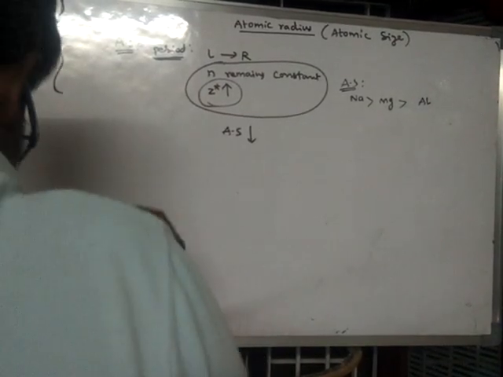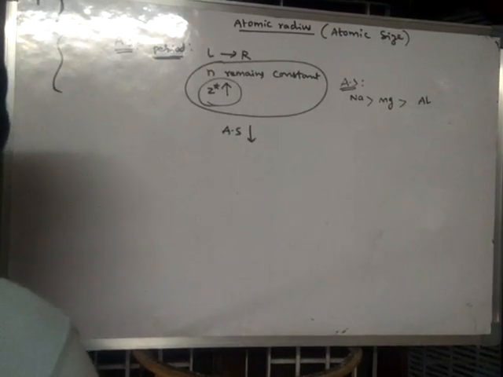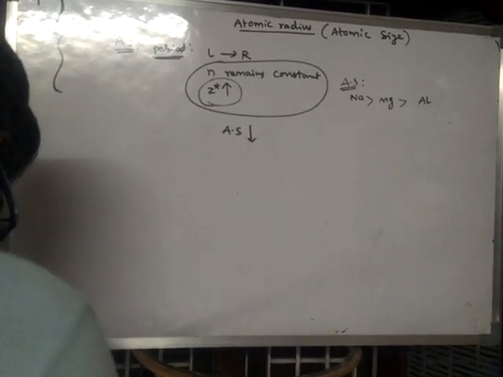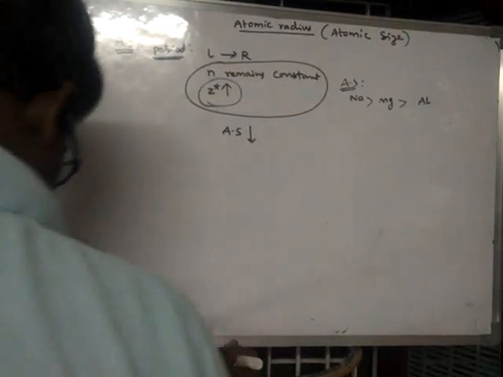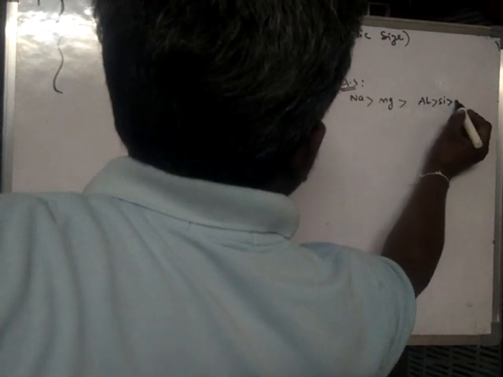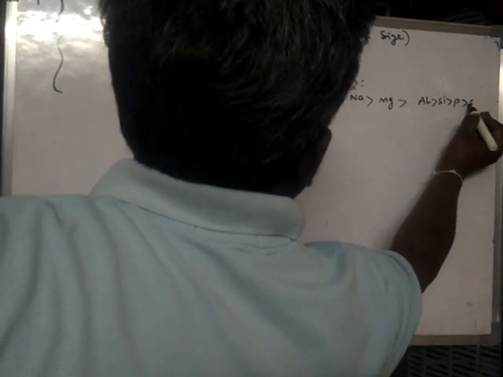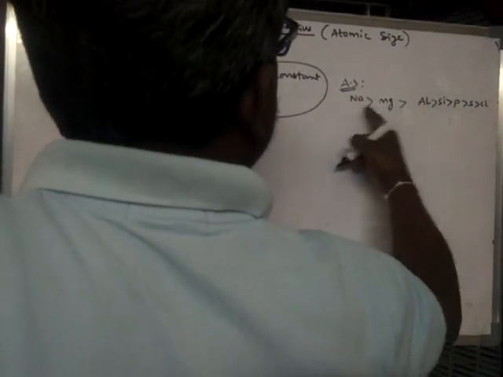After aluminum, silicon and so on, the size of the atom slowly decreases: silicon, phosphorus, sulfur and chlorine. So from sodium to chlorine, the size decreases.